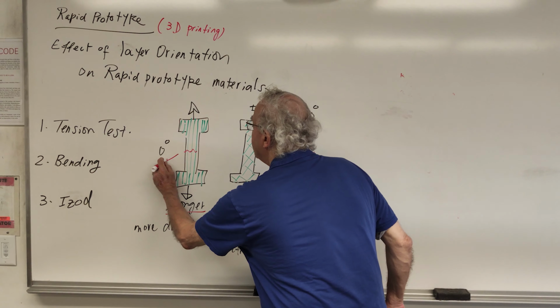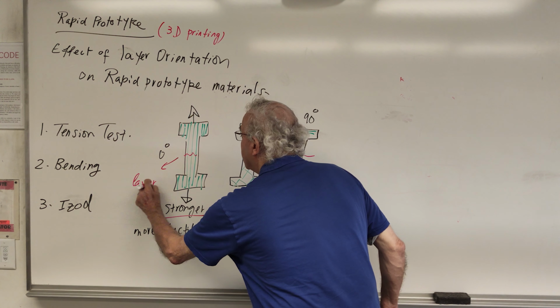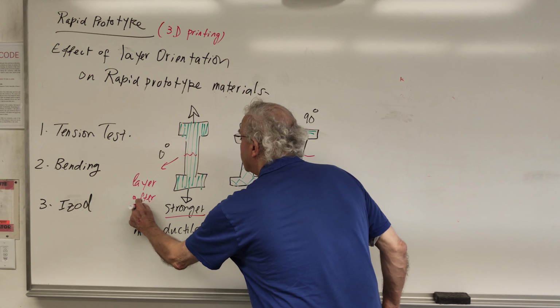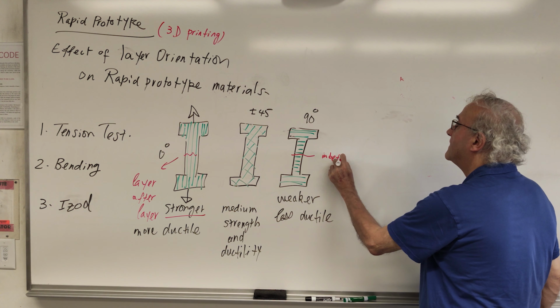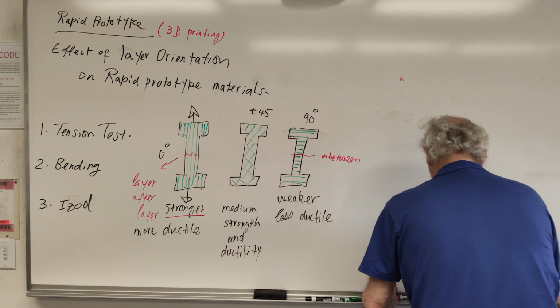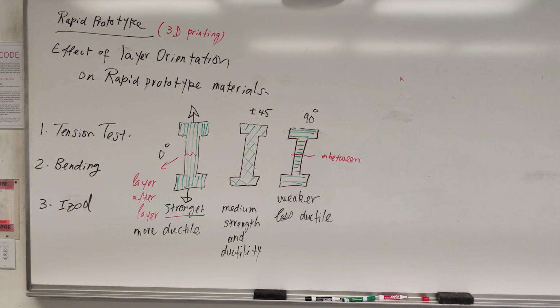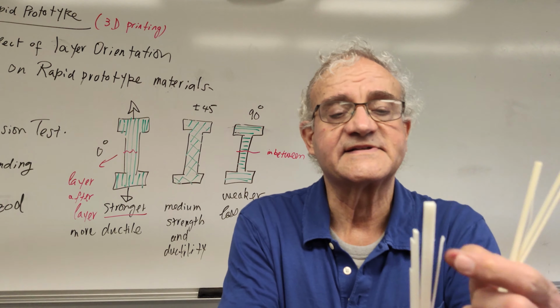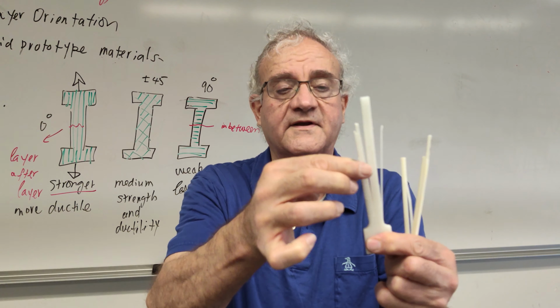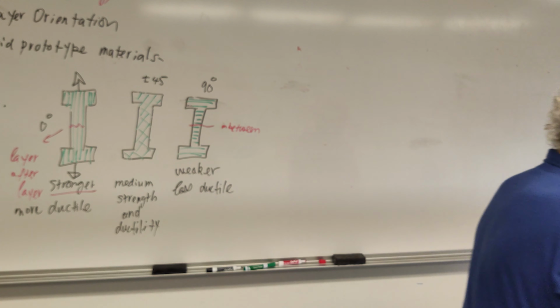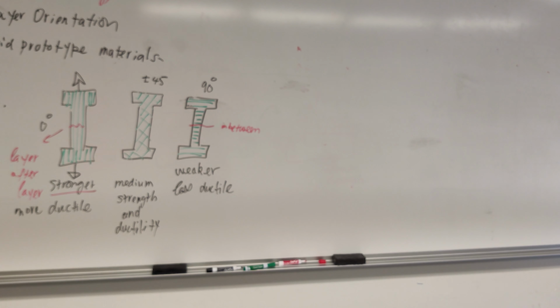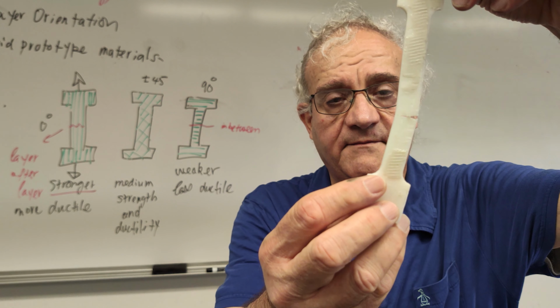So here is layer after layer, and here in between. Again, as you see, the crack had to break the sample layer after layer after layer, like here, while the other one had a very easy path and just broke the sample in between the layers.